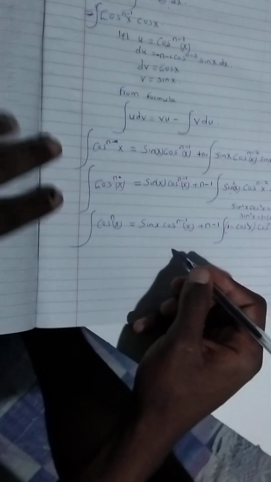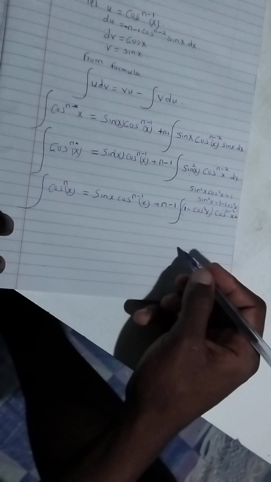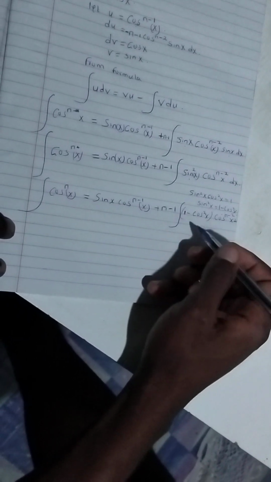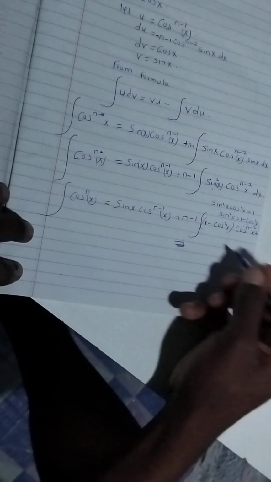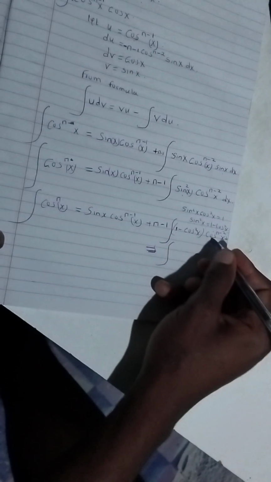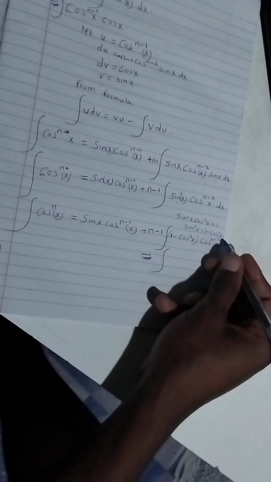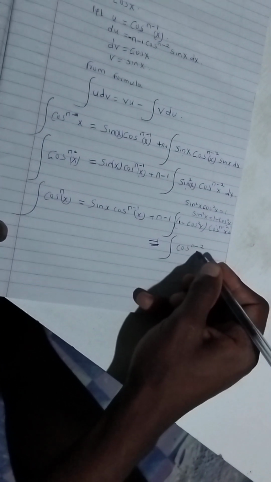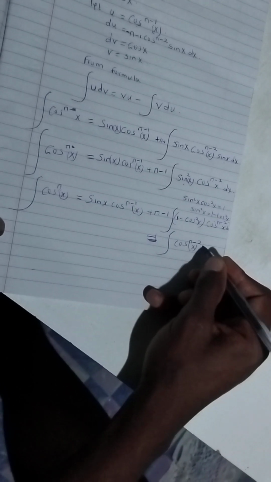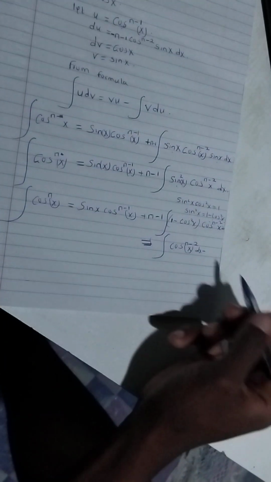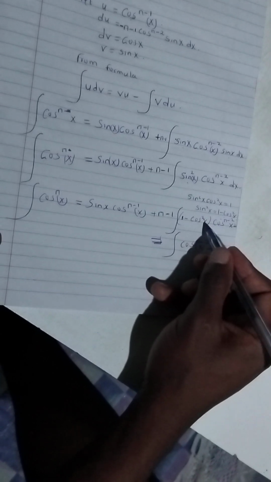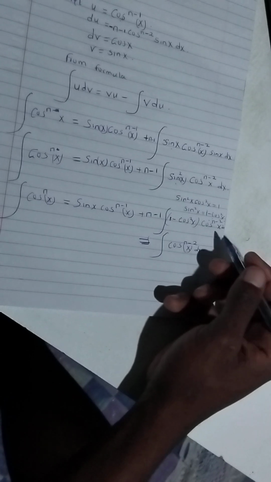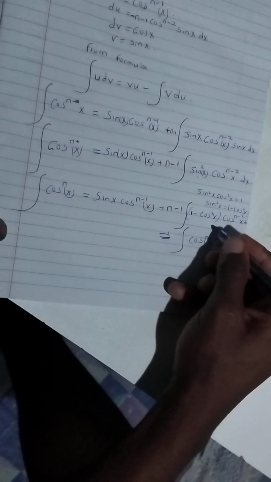Now from there, we open the bracket by distributing cos^(n-2) x dx on each side, and this will give 1 multiplied by cos^(n-2) x dx, then minus, when you multiply cos^2 x with cos^(n-2) x, it is a multiplication, therefore we shall take the powers and add them.